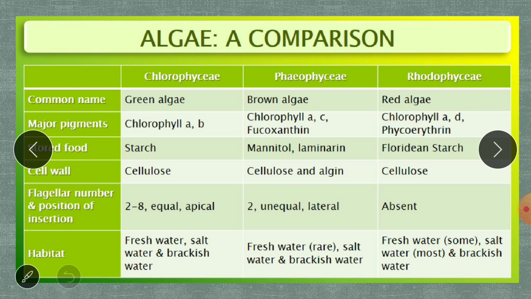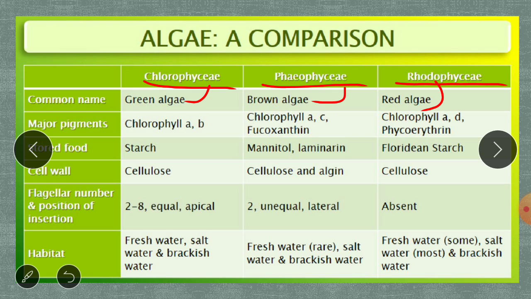So in this manner, we have to remember the important points of these three algae. So here I have put an easy chart for you. Common name of Chlorophyceae is green algae, Phaeophyceae brown algae, Rhodophyceae red algae.